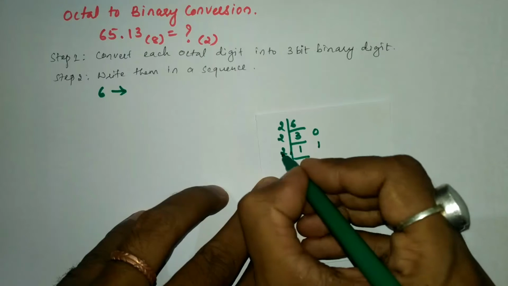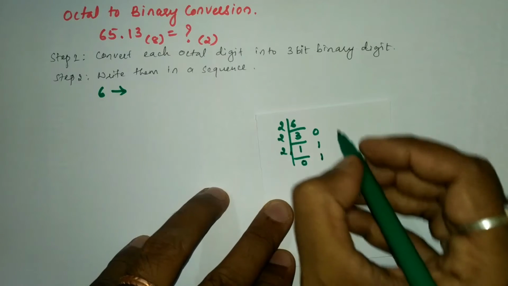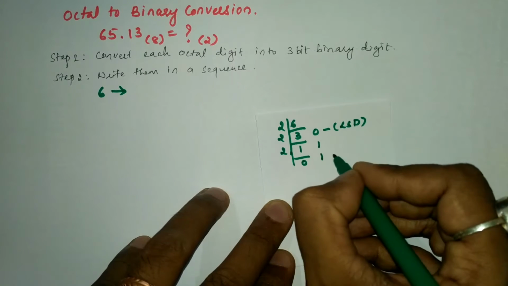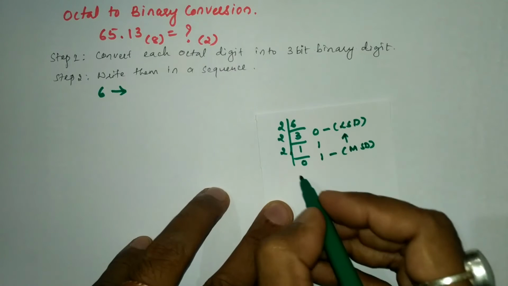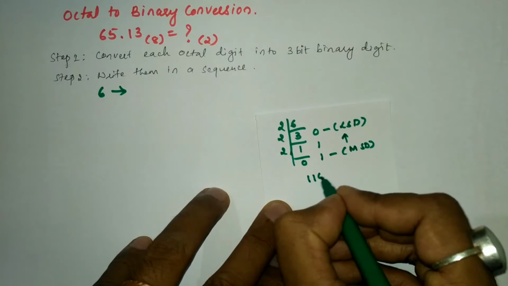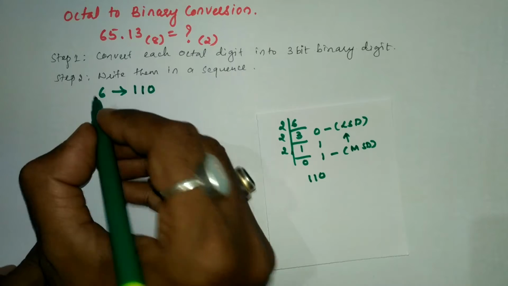Next, 1 cannot be divided by 2, hence quotient becomes 0. This one will become remainder. So this is the least significant digit and this one is the most significant digit, and we will have to write from most significant digit to least significant digit. So here we write 1 1 0, that represents 6.